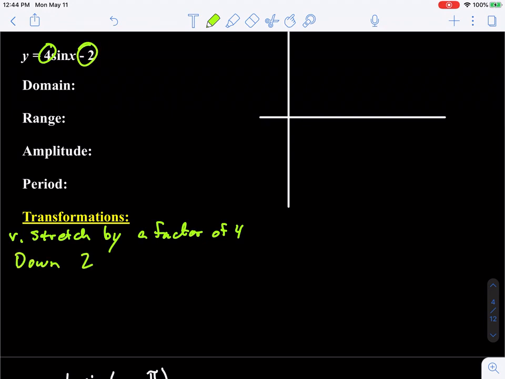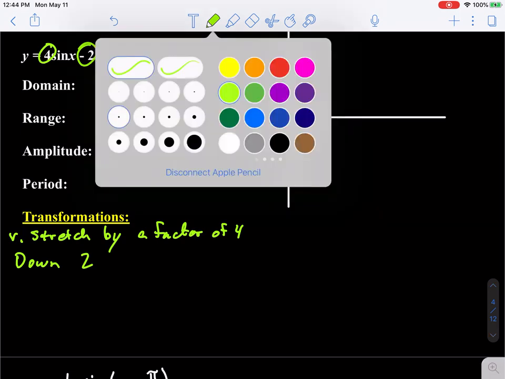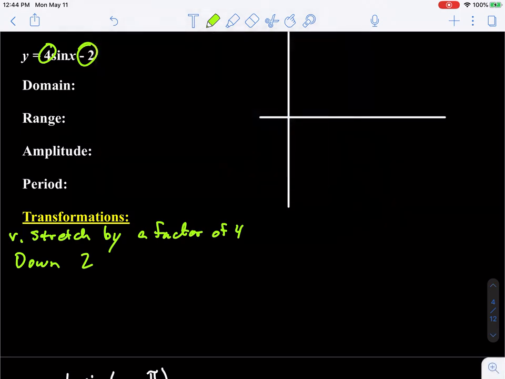Now, the minus 2 also tells us where that central axis is. So that's what we want to sketch first. Let's sketch where that central axis is. All right, so at negative 2, we draw the horizontal line here.